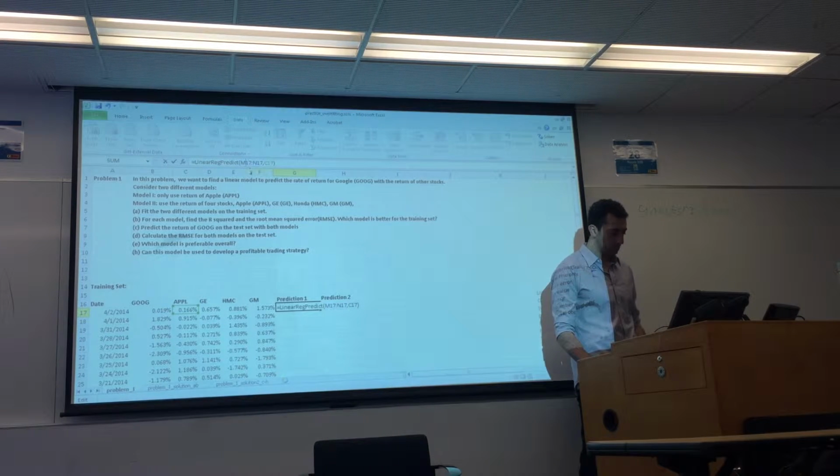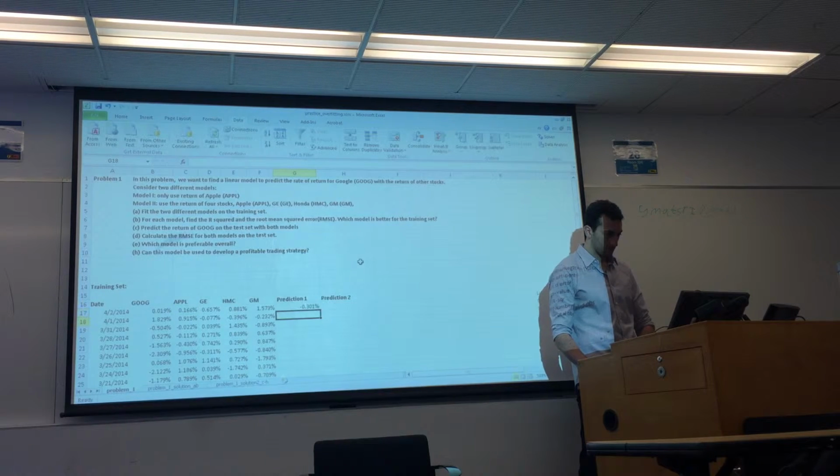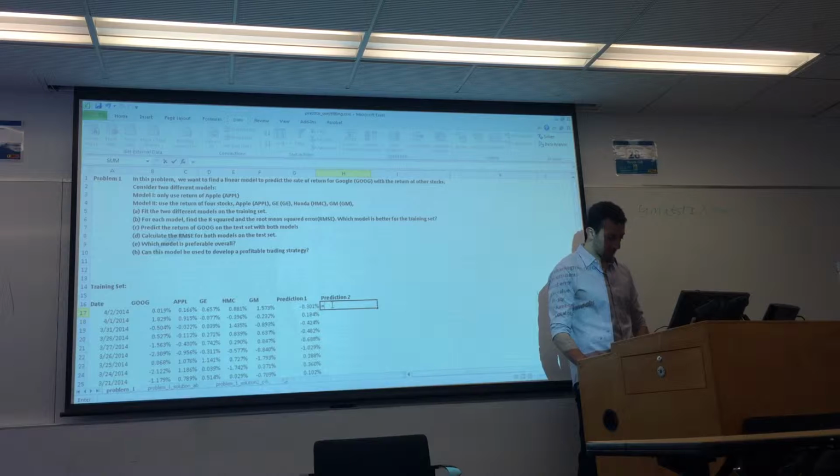Of course I will lock the model. Not log, linear predict. Use the model.